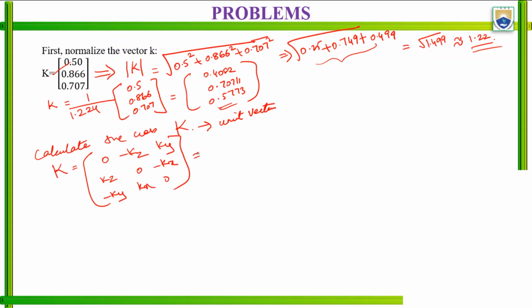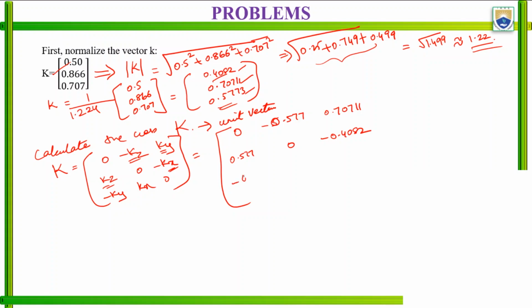Now, how do we insert all these values in this matrix? What will we get? 0, minus kz which is minus 0.577, and ky which is 0.70711. Then kz which is 0.577, 0, and minus kx which is minus 0.4082.